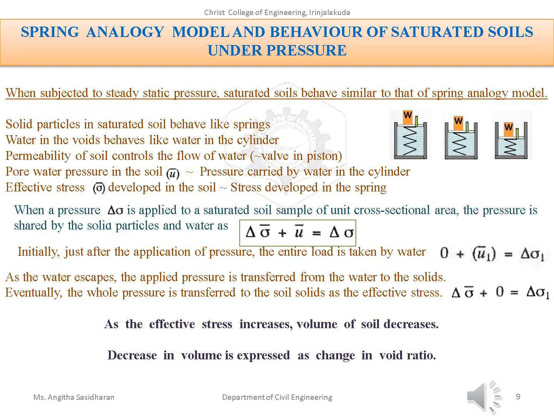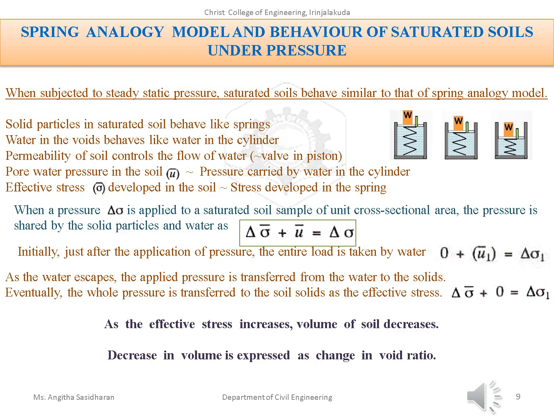The pressure is shared by the solid particles and water, and that can be represented mathematically as delta sigma bar plus u bar is equal to delta sigma. Delta sigma is the total pressure applied to the saturated soil sample, which has soil particles and water.